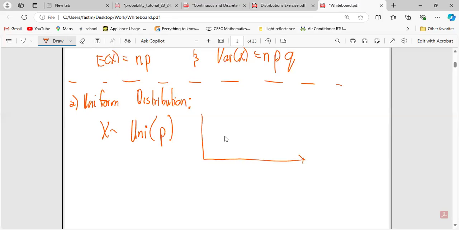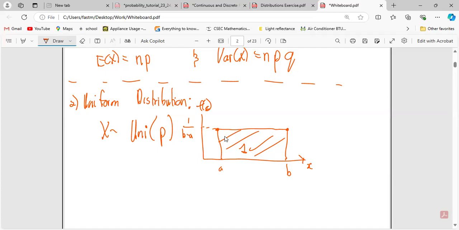So if you plot the PDF of it, it would just look like a rectangle in between a and b. The sum of the probabilities is still 1, and the area underneath this is still 1. It's something like continuous, but it's not continuous. It's a rectangle. But the thing about uniform distributions is that the probability of any value is the same.